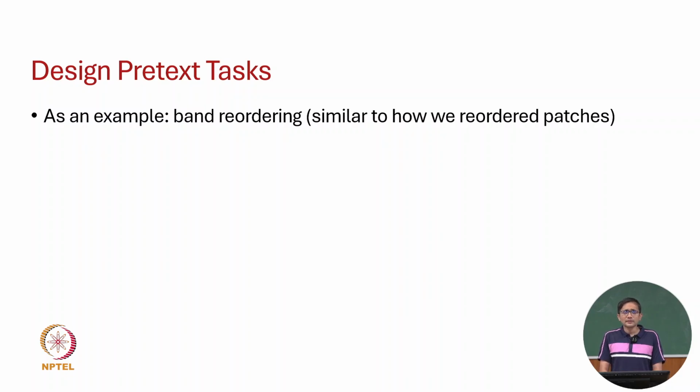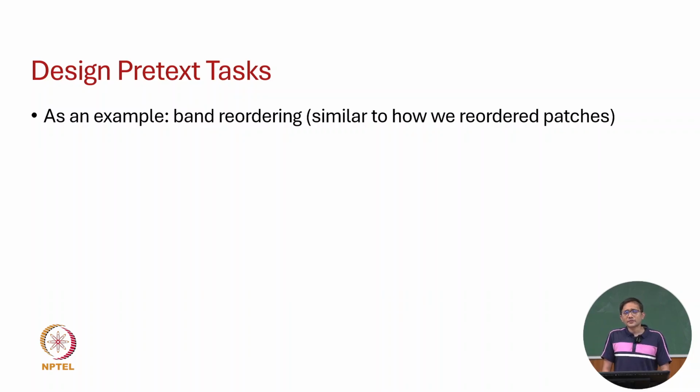So one very simple prediction task could be just answering the question whether a band reordering has been applied or not. That will be just a simple binary answer. The other, more sophisticated questions can be asked, like, let's say a particular band reordering is mapped to a particular output index.